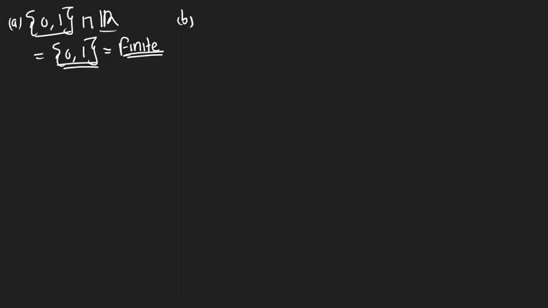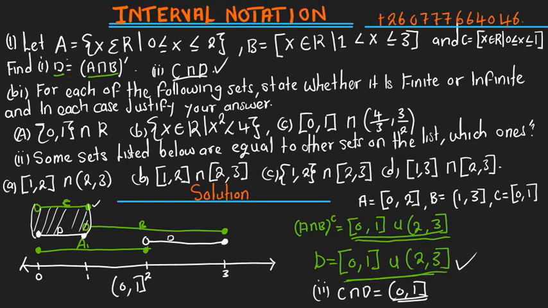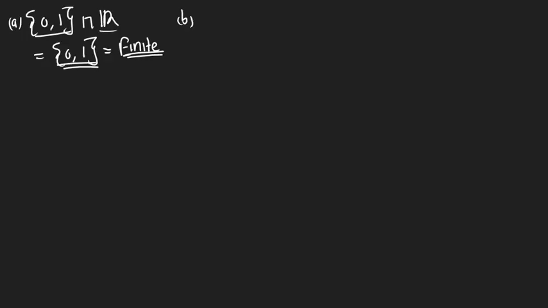We go to B. B says x is a member of all real numbers where x to the power 2 is less than or equal to 4. So B is a set where x is a member of all real numbers, and x squared is less than or equal to 4. The first thing you're going to do is to work out the function, then find the root of this function.